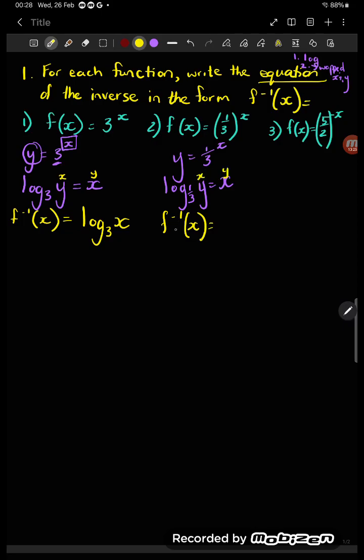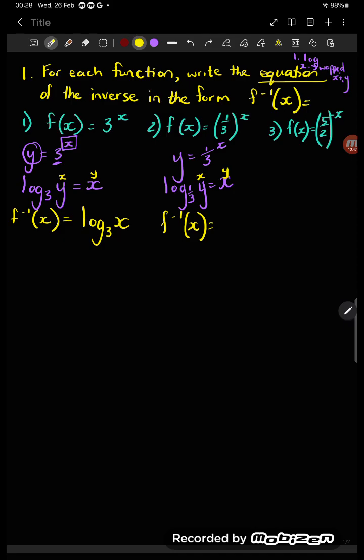Now you can write it out first as log base a third x equals y, but I know that this y is going to be my f of minus 1 x, so I can immediately write it in that form. So I don't need to write that first.